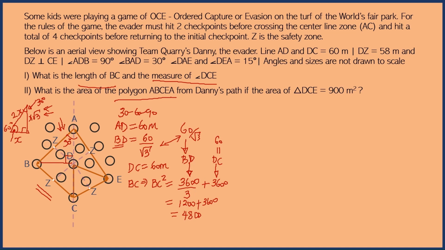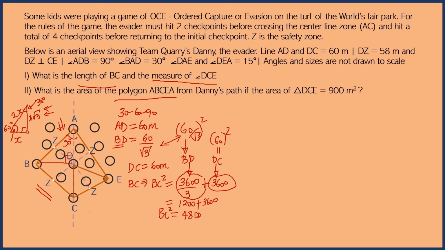So by formulating the square of BD and the square of DC, this is how I got these numbers down here. Okay, so now BC squared is equal to 4,800.